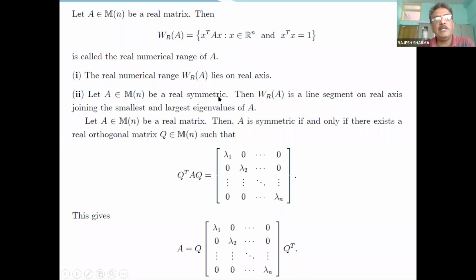Second, if A is a real symmetric matrix, then W_R(A) is a line segment on the real axis joining the smallest and largest eigenvalues of A. Let A be a real symmetric matrix, then we have a real orthogonal matrix Q such that Q^T A Q is a diagonal matrix. So from this we can write A is equal to Q, this diagonal matrix, and Q transpose. A is written in this form.